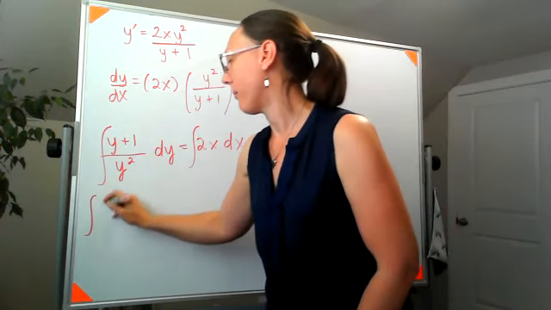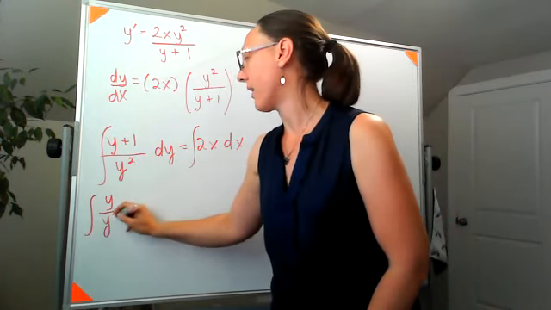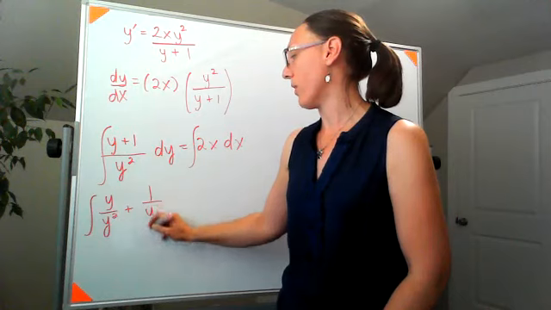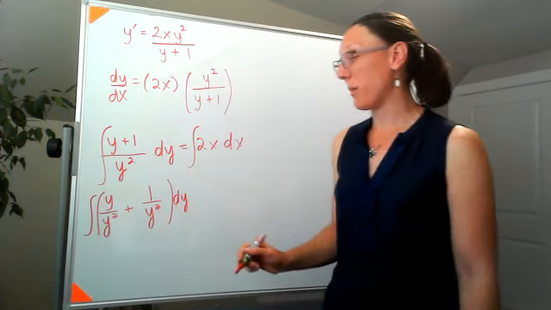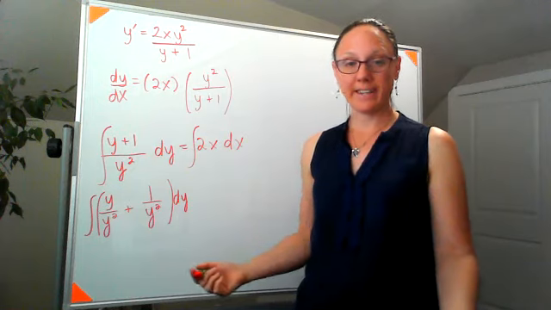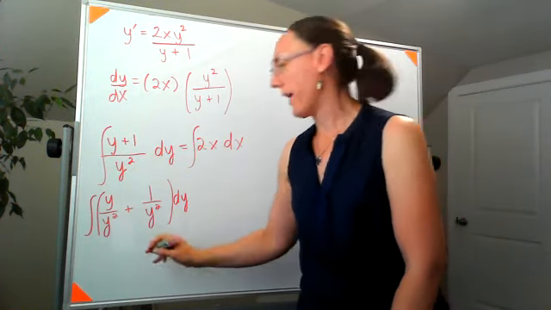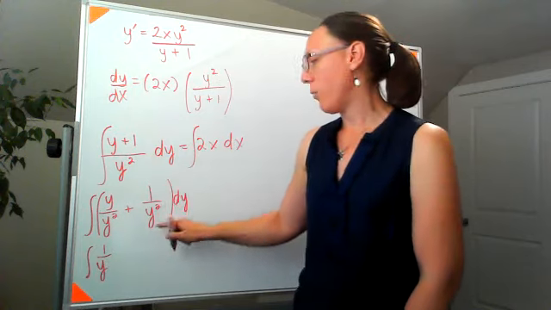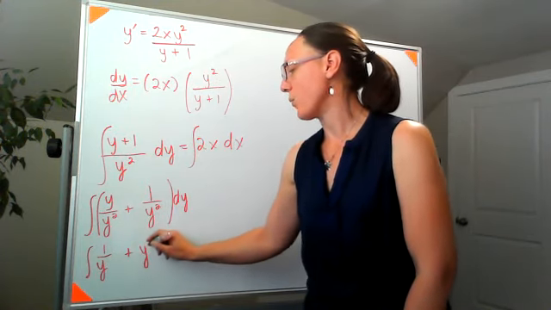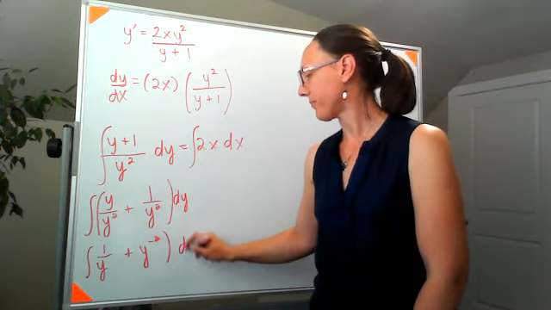So this can become y over y squared plus 1 over y squared, dy. And what's nice about this is both of these are easier for us to work with. So y over y squared, that's secretly 1 over y. And 1 over y squared, I could write as y to the negative 2.